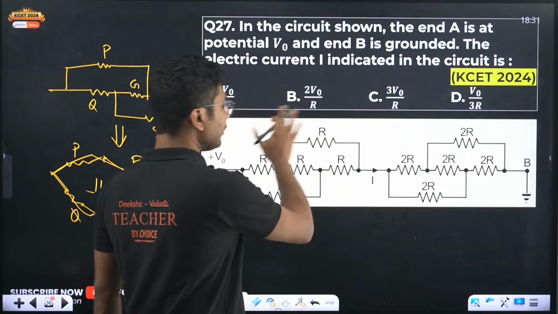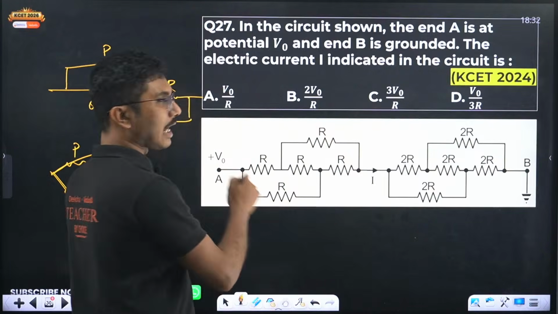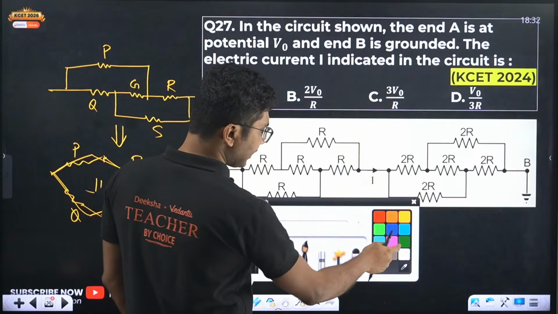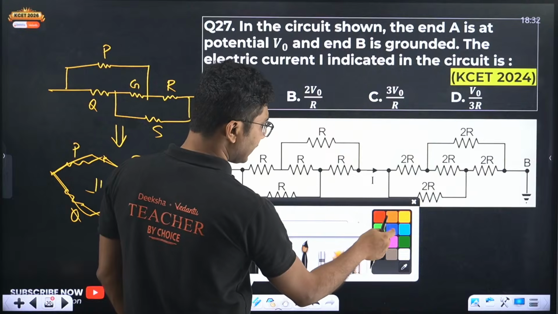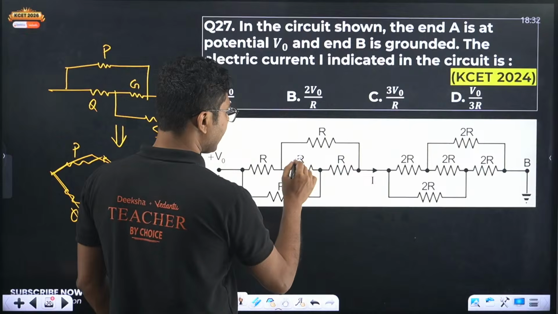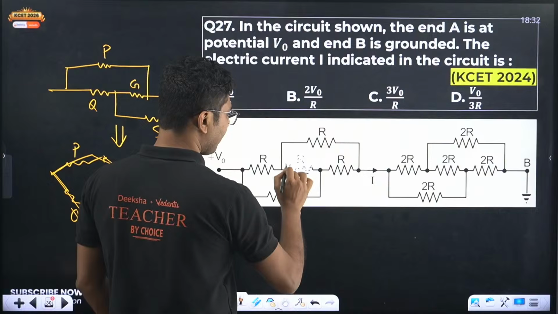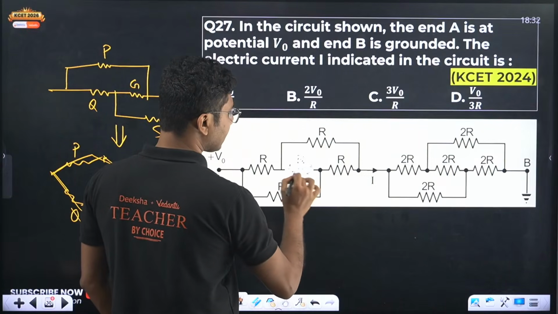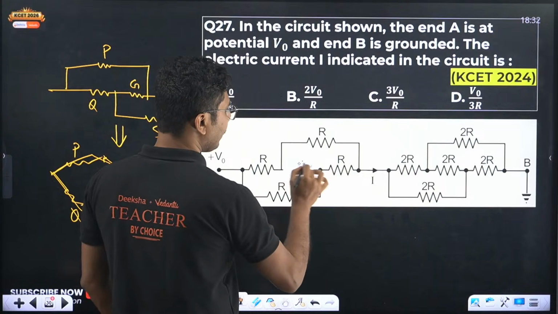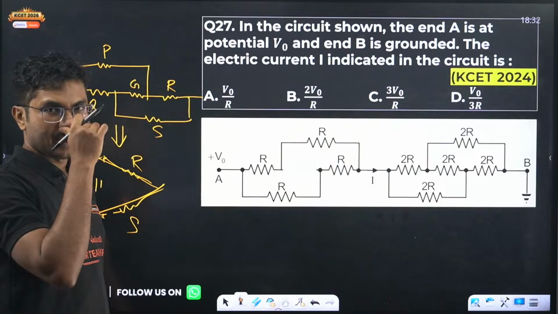Here also, this is R, this is R, this is R, this is R, so all the resistances are R. This portion, the galvanometer portion, does not conduct any current, which means you can simply delete it. It does not have any effect here.